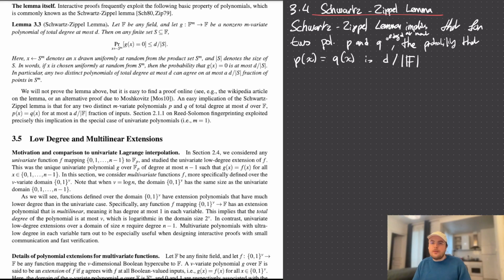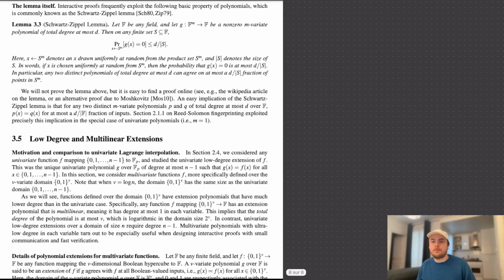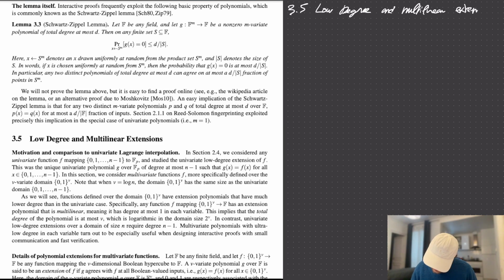let's do 3.5, low degree and multilinear extensions. Actually, it does take some time to do this, but I'm very happy to do all of this definition work.